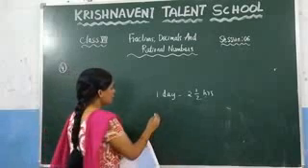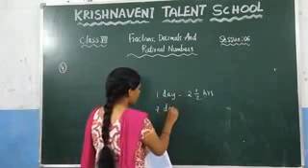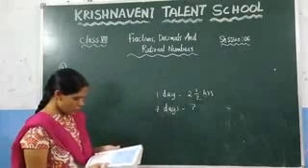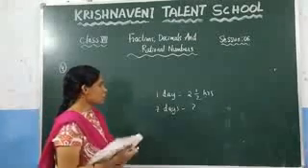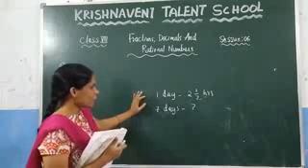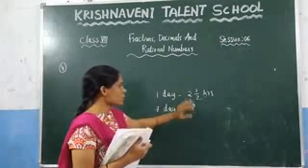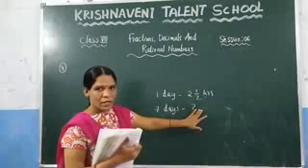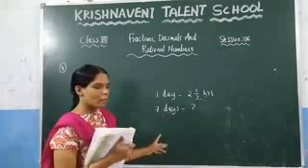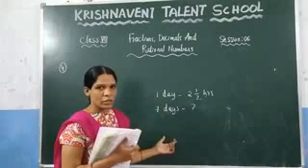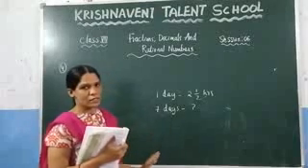That means, in 7 days, how many hours does she need to work, they are asking. Again, Rehana, one girl, wants to complete her embroidery. In one day, she is taking 2.5 hours. And she wants to complete her embroidery in 7 days. That means how many hours she needs to work to complete her embroidery, they are asking.